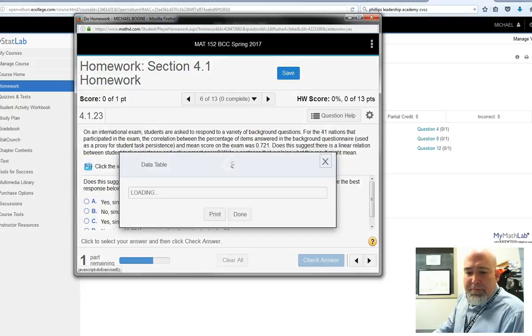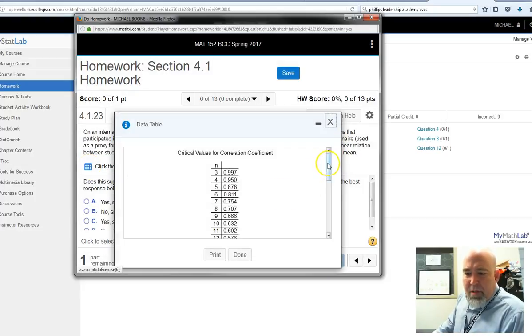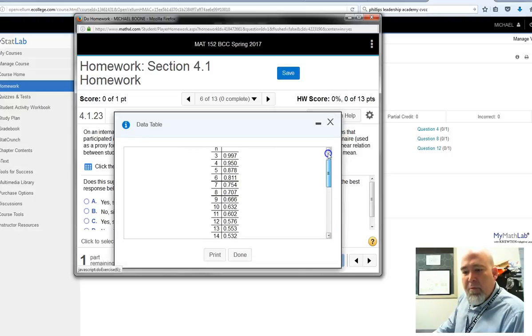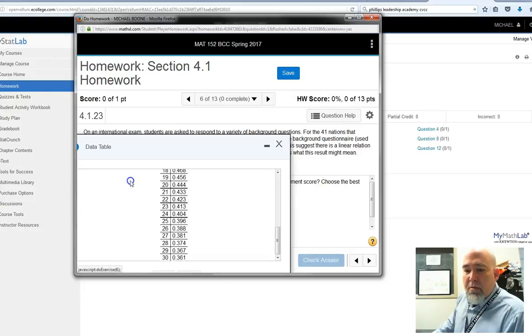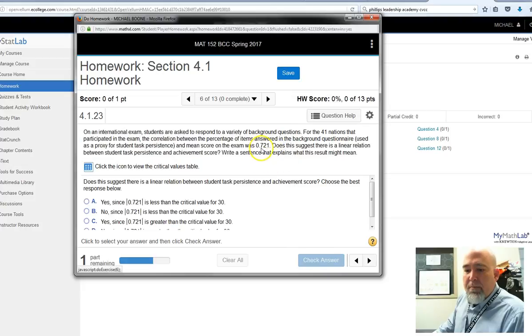When we do that, we have critical values that are provided for us in tables. There's a table in the back of the book that has critical values for correlation coefficients. We're looking at one that has 41. If the absolute value is .361 or higher, and ours was .721.